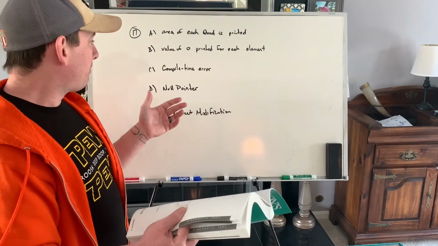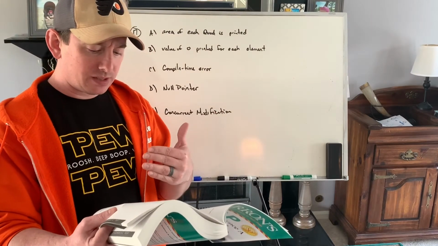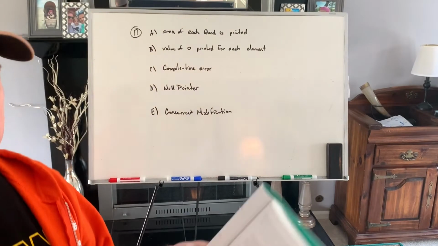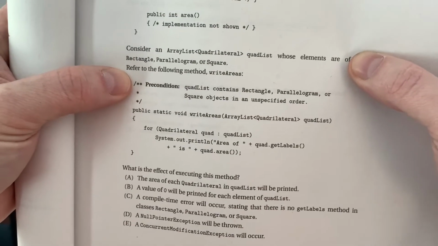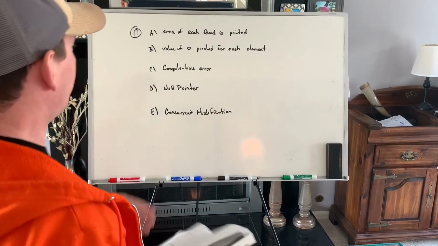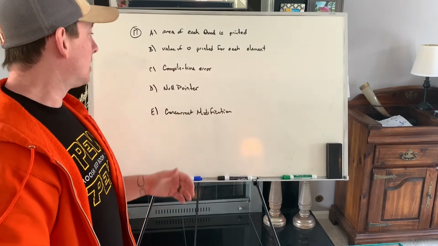D, we would get a null pointer exception if the array list wasn't initialized or created, but you'll notice we have a precondition here. This precondition says clearly that quad list does contain stuff and it exists, so we don't have to worry about it not being something. The precondition takes care of that.